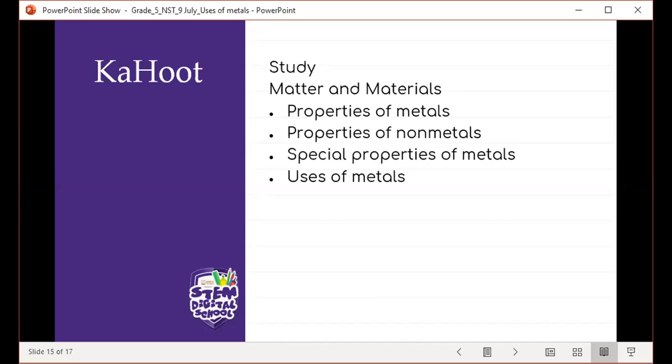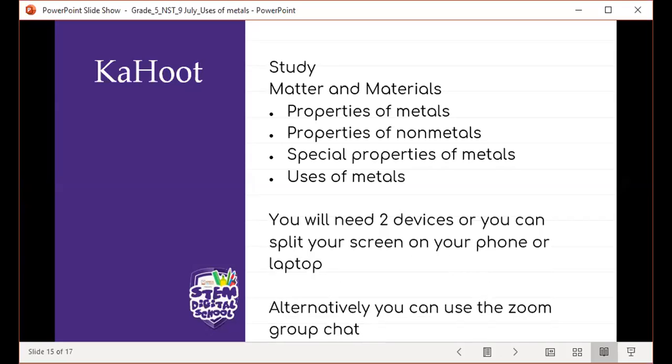So guys, basically what Kahoot is, it's a multiple choice game, right? So it's a game that we're going to play, and you would basically just need to go through your work and then answer questions on Kahoot. So you will need 2 devices, or if you do not have 2 devices, guys, it's fine. You can split your screen on your phone or on the laptop, just open 2 browsers.